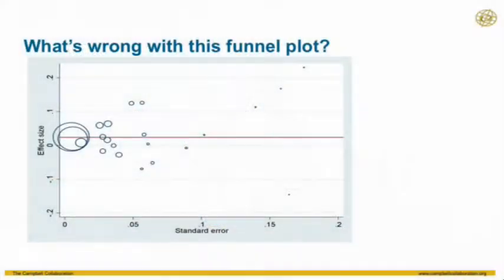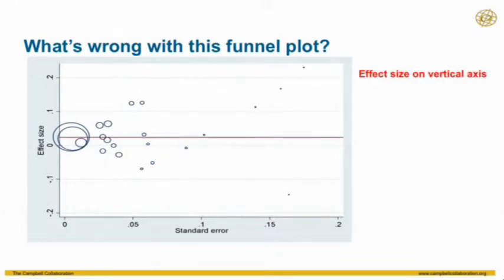Okay, so what's wrong with this funnel plot? The first thing that I would say is wrong is that essentially we've got the effect size and the standard error flipped. Now there's nothing wrong with this, and in fact some people will create funnel plots like this because it's easier in some software systems. But because you've got the effect size on your vertical axis, it sometimes can be misleading to people because they're not sure where they're supposed to be looking for the symmetry or for the gap.